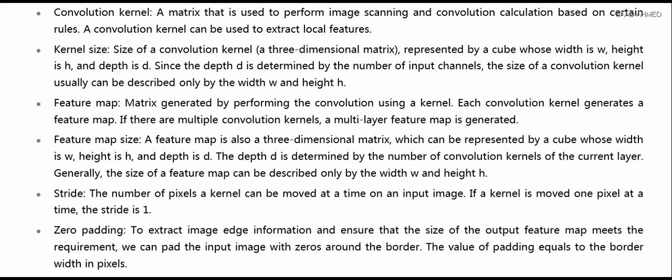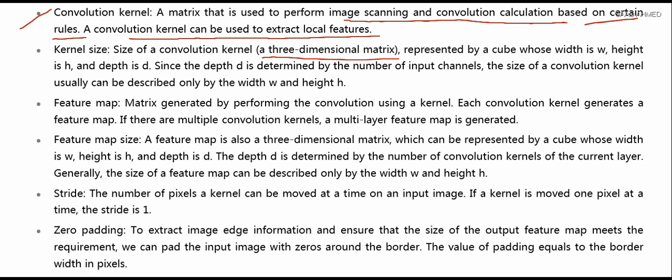Some important convolution concepts. A convolution kernel is a matrix that is used to perform image scanning and convolution calculation based on certain rules. A convolution kernel can be used to extract local features, that is the target basically. The size can be different depending upon your requirement.